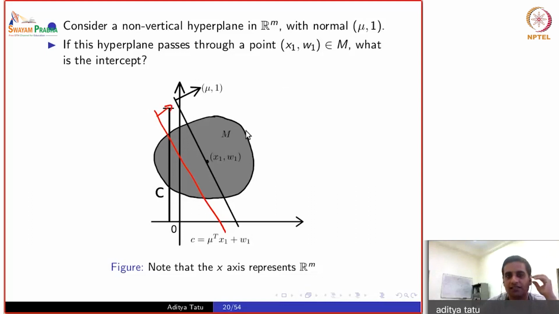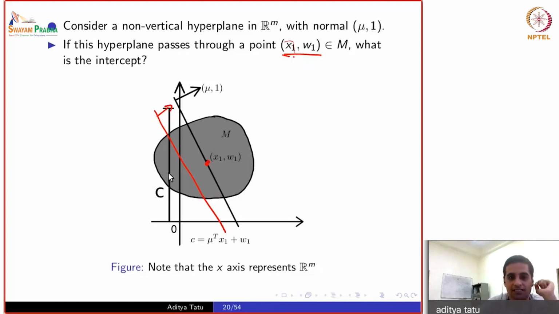If this hyperplane passes through a particular point, let's call it x1, w1, which is an element of this set M, then I'm uniquely specifying which hyperplane I'm talking about. Just giving the normal is not enough, I'm also telling you that this plane passes through this point.